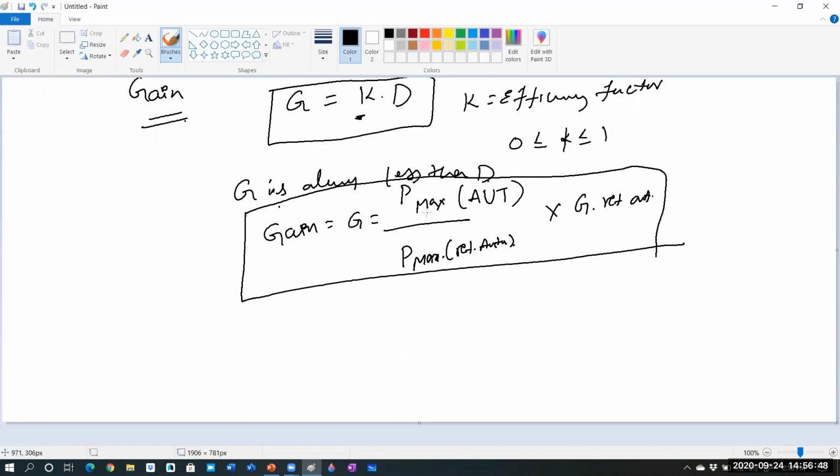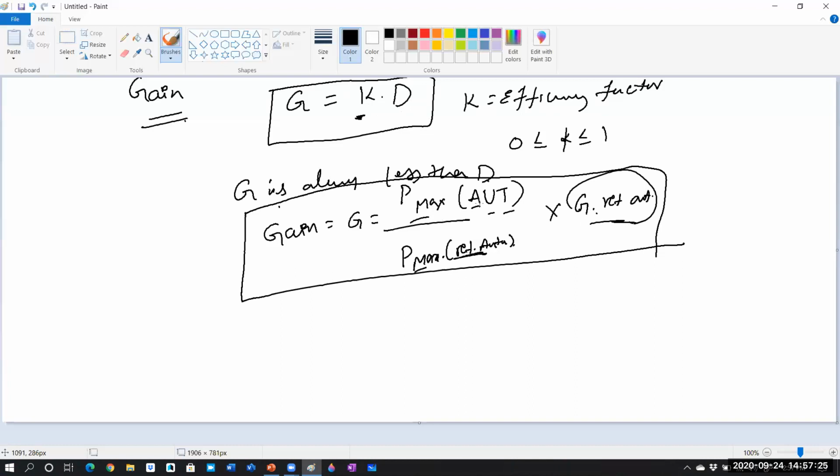Gain equal to, suppose you take one antenna as a test antenna: P max AUT, antenna under test, by P max with reference antenna, into the gain of the reference antenna. You know the gain formula G equal to K into D, where K is the efficiency factor. So this is one of the formulas for gain of an antenna.